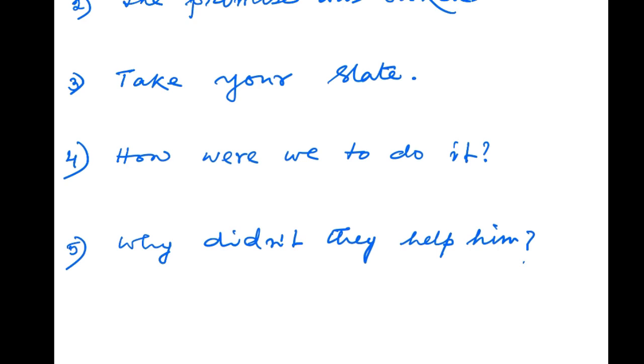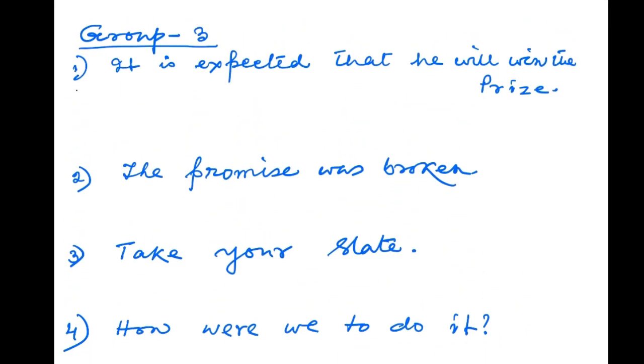And when the answers are done, come back to the video and check your answer. Okay? Now see your answer. It is expected that he will win the prize is a complex sentence consisting of 2 clauses.